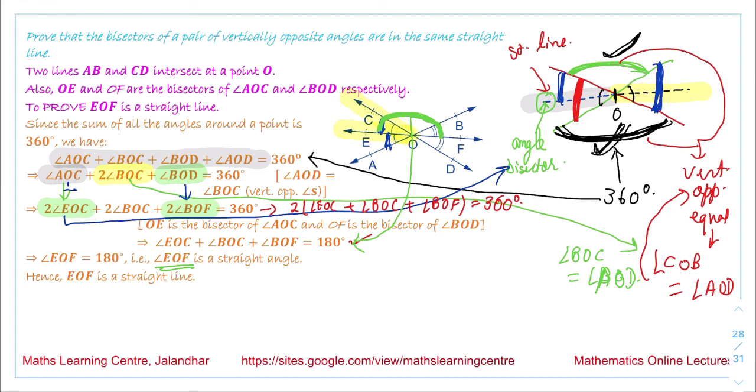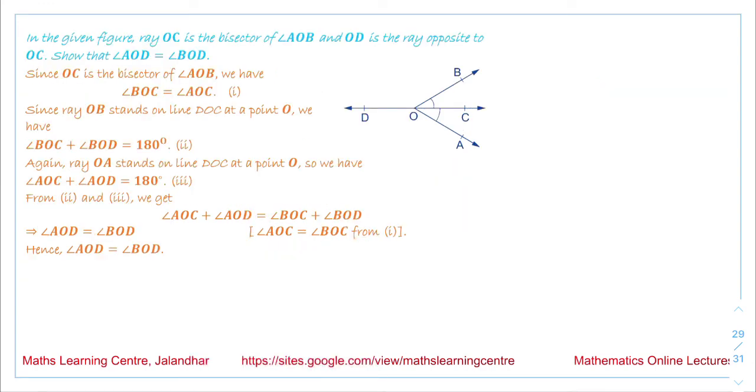Now in this question it is given that the ray OC is the bisector of the angle AOB. Suppose this value is X and this value is X, and OD is the ray opposite to OC.